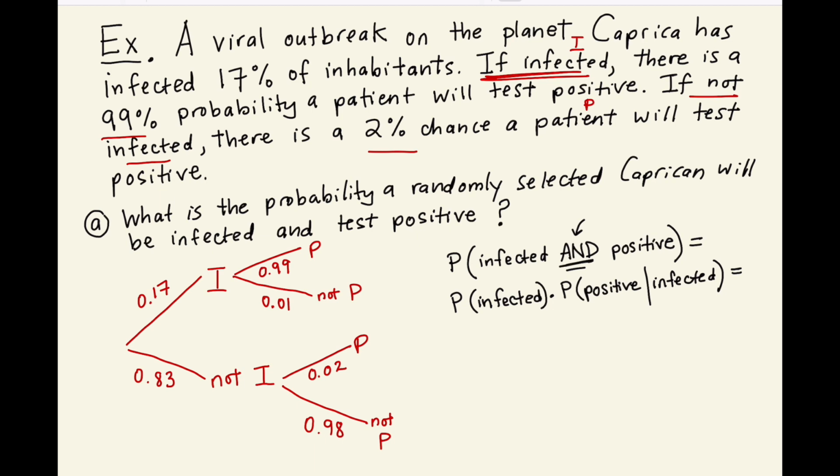So the probability that an individual is infected is, we know, 0.17.